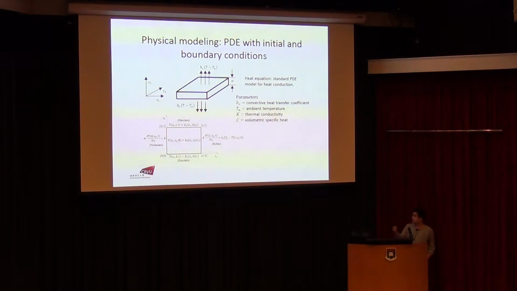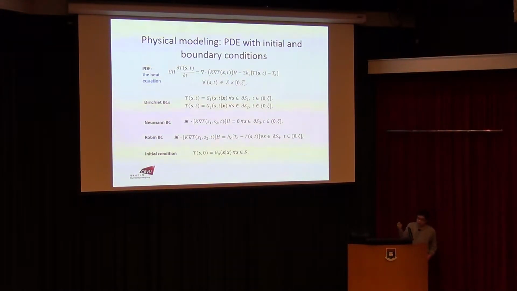The initial boundary value problem for this plate temperature can be written in this form. The first equation is the partial differential equation, which you want to solve for the temperature T at spatial coordinate s and time t.